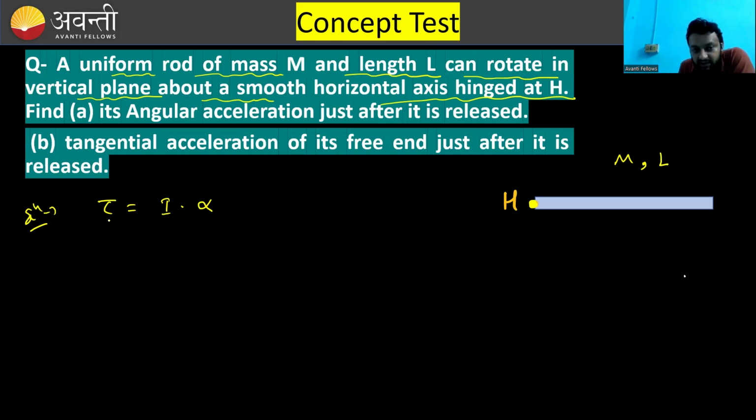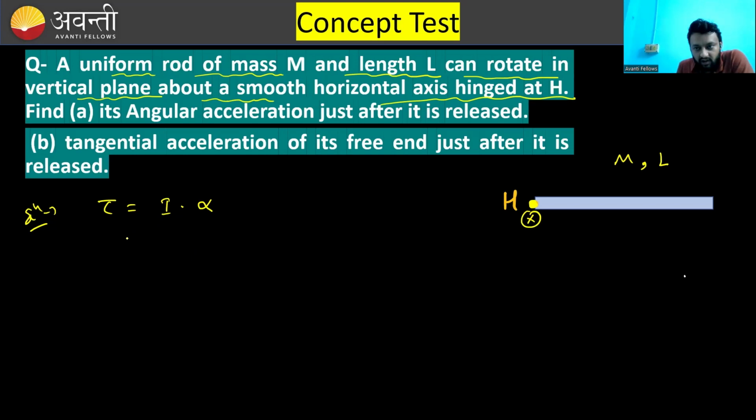One more thing. What is torque and what is I? In this situation, this is torque and this is I. I is the moment of inertia about the same axis of rotation. And the axis of rotation, can you see that axis of rotation is this? This is the axis of rotation, Z axis.